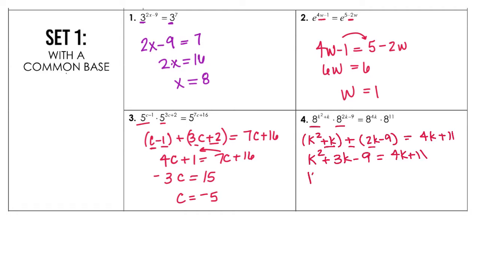So we're going to have k squared and minus k, and then I'm going to subtract 11 over, so that's going to give me negative 20, and all of that equals 0. So now we need to factor this, and we should have k minus 5 times k plus 4 equals 0. And so it looks like we're going to have k is equal to 5, and then k is equal to negative 4. So there's our two solutions.